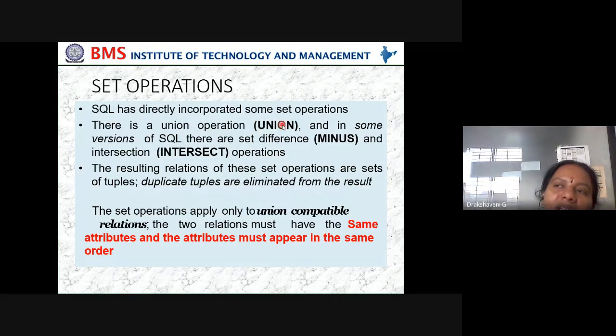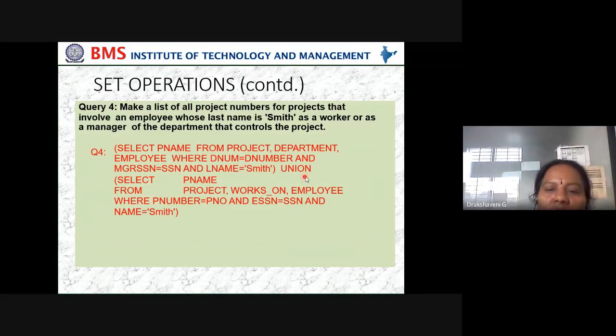Then we have seen in relational algebra the set operations, that is union, minus and intersection. So how can union, minus and intersection also be used in SQL? Select P name from project, department, employee where we are matching the two columns, department number equal to department number and manager SSN equal to SSN and last name equal to Smith.